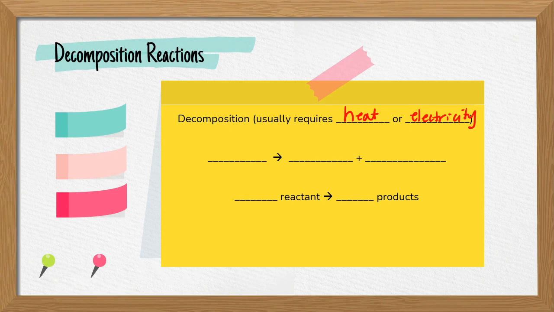The general equation here would be AB yields A plus B. Notice that is the exact opposite of what we just wrote down for a synthesis reaction. So decomposition reactions are the opposite of synthesis. RXN is just the abbreviation for reaction.